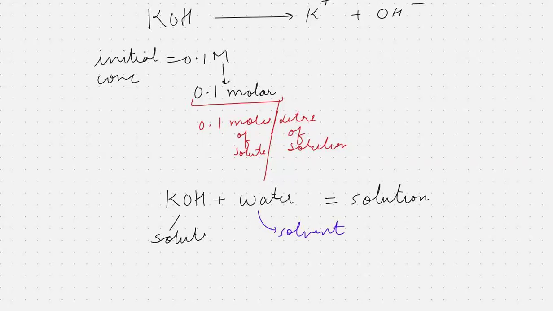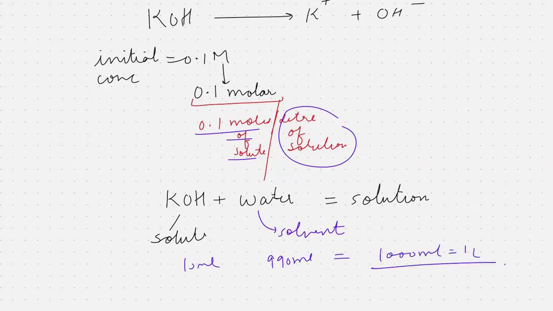So when I say molarity, I am given the moles of solute in a liter of solution. That means if I add 10 ml of this and 990 ml of water, my total solution adds up to 1000 ml, which is nothing but 1 liter. So the total solution is composed of the solute's volume as well as the solvent's volume, and the moles are basically of the solute.